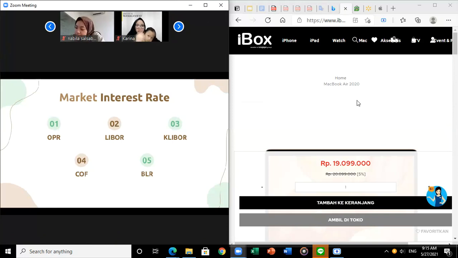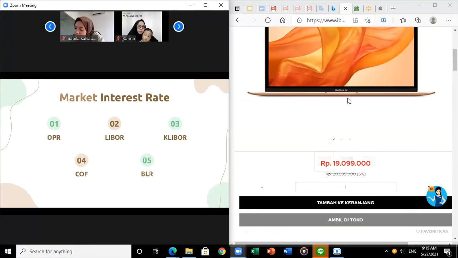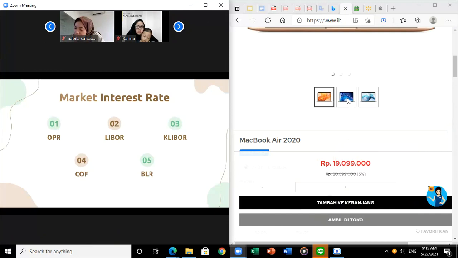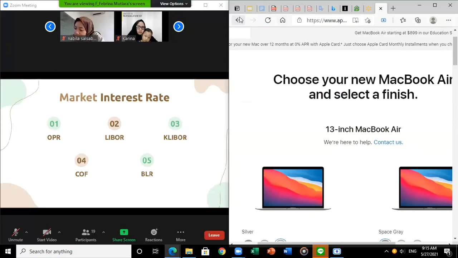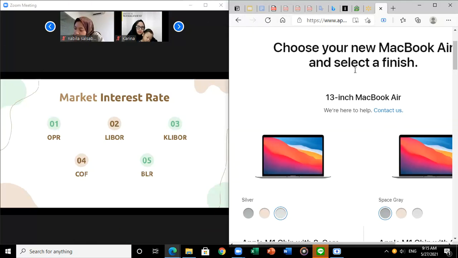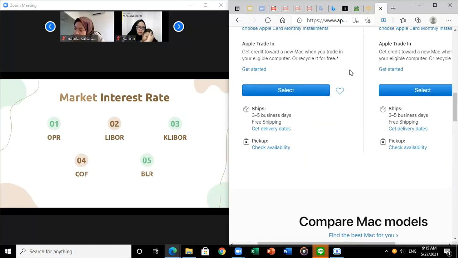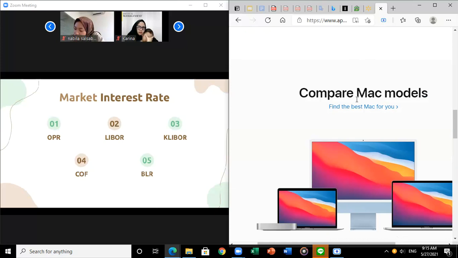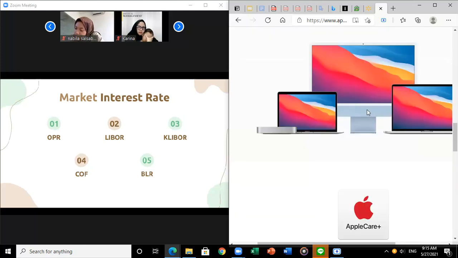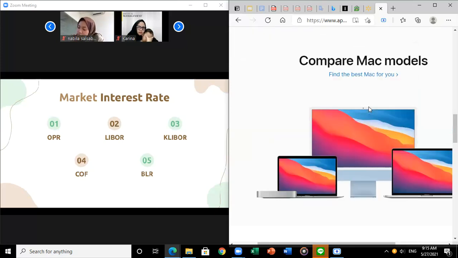The London interbank offered rate is a day-by-day quotation rate centered on the interest rate at which banks lend unsecured loans to other banks in London. And then there's the Kuala Lumpur interbank offered rate, an interest rate charged on short-term funds.